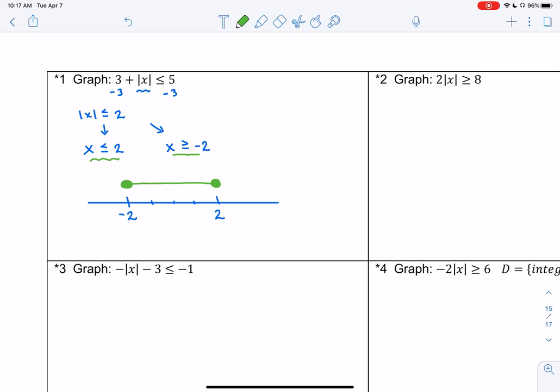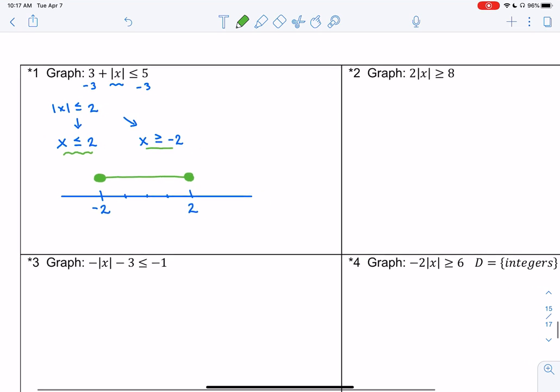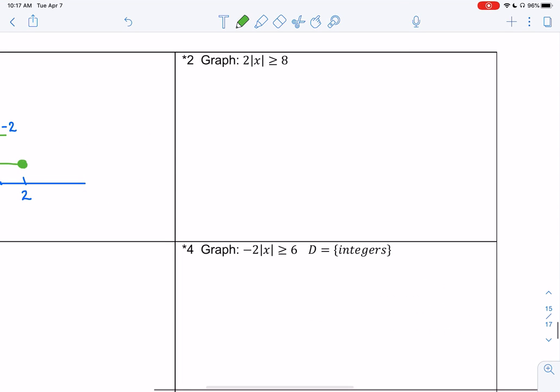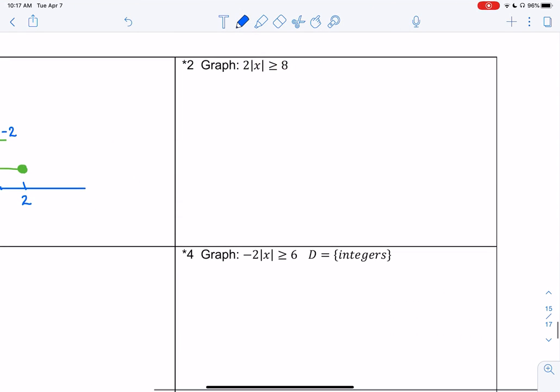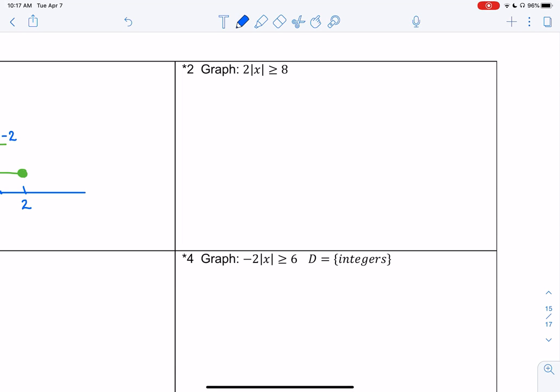All right, let's try number 2. First thing again is we want to make sure the absolute value x is by itself. So now I am going to divide 2 to the other side. And I get the absolute value of x is greater than or equal to 4.